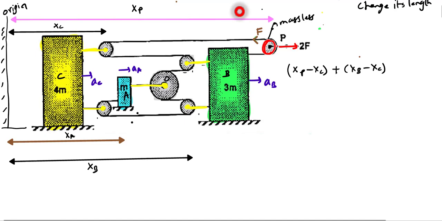We applied a force of 2F, so here it should be F and this should be F. Then this should be F. And that tension in the string should act away from the pulley, as you can see from here. This should be F. This should be F.